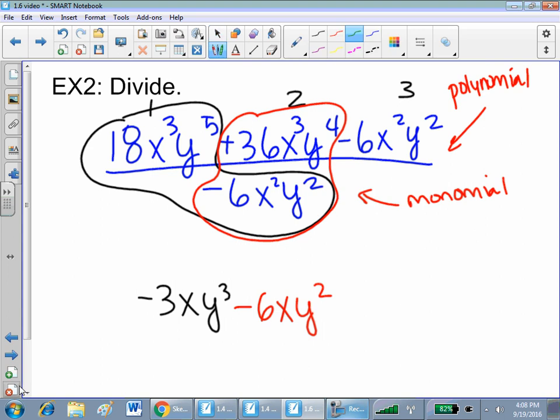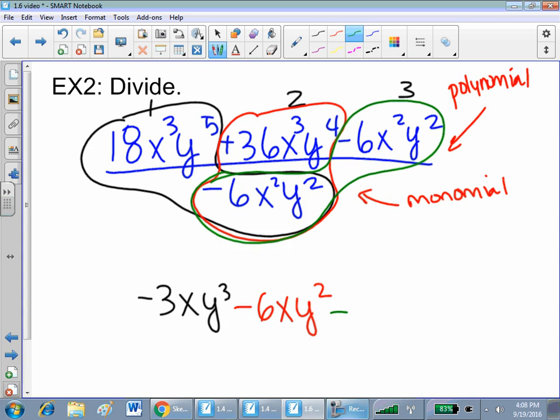Then lastly, we're going to divide the third term by the denominator. Notice when I'm circling these, I'm including the sign of the term on the top and the sign of the monomial on the bottom. -6 divided by -6 is 1. X squared divided by x squared is 1. Y squared divided by y squared is 1.